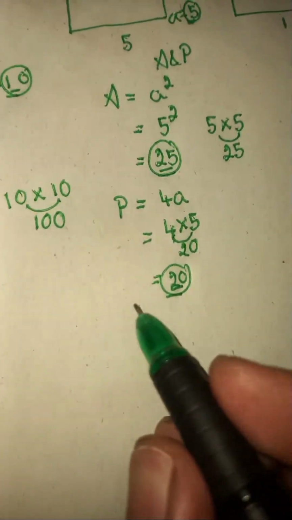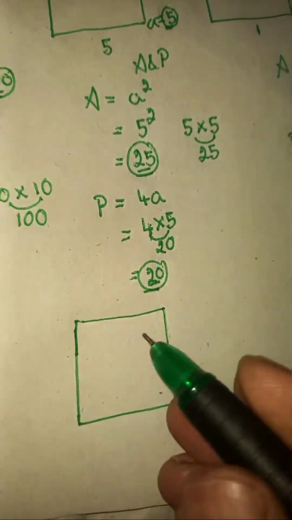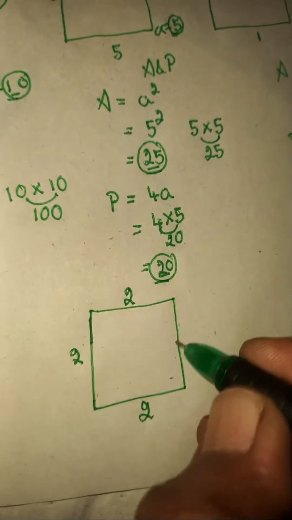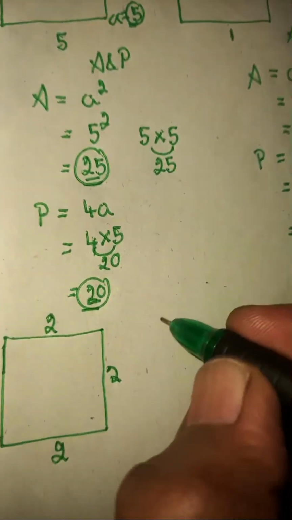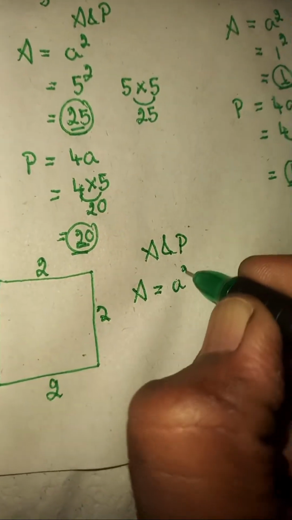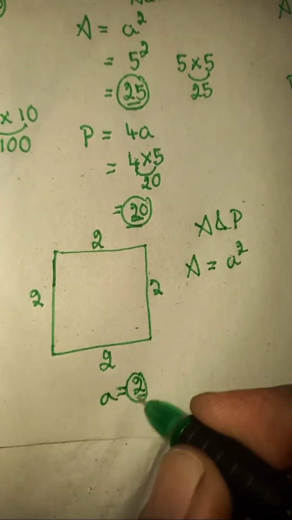Let's take the final problem. Here they have given a square and all sides of which are equal to 2 units. Now let's find out area and perimeter. Here area equal to a squared, that means here a equal to 2 units.